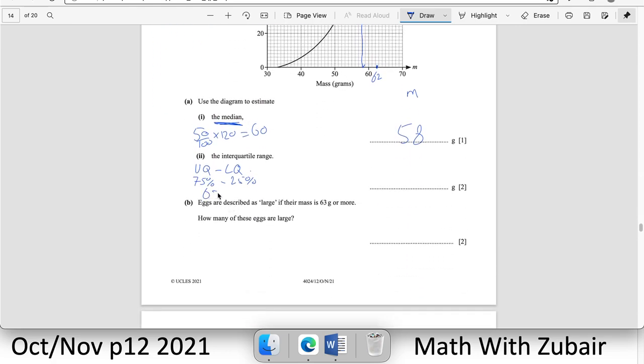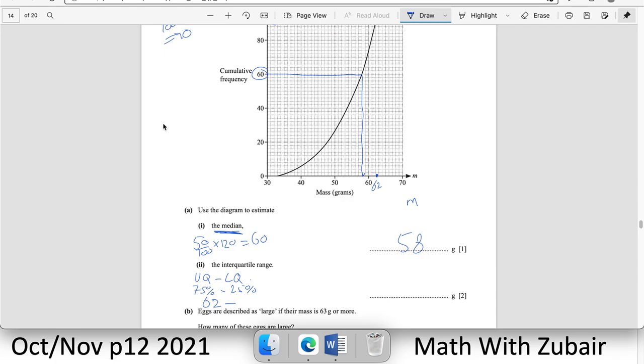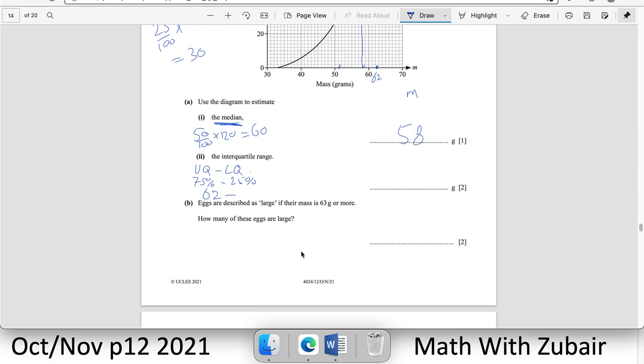So the upper quartile is 62 minus the lower quartile. The lower quartile is 25% of 120, which is 30. So at 30 we go here and read the value, which is 51. So the interquartile range is 11.